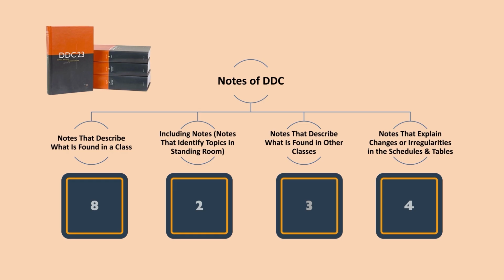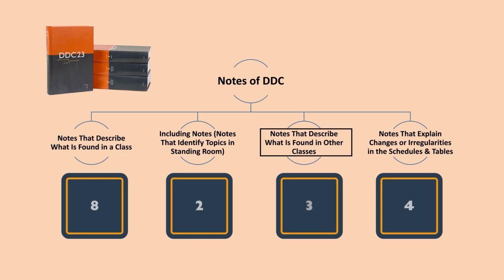This is actually the type of note that comes under the first category, notes that describe what is found in a class. The second category is including notes, or the notes that identify topics in a standing room. It carries the number 2, meaning there are 2 subdivisions under this topic.